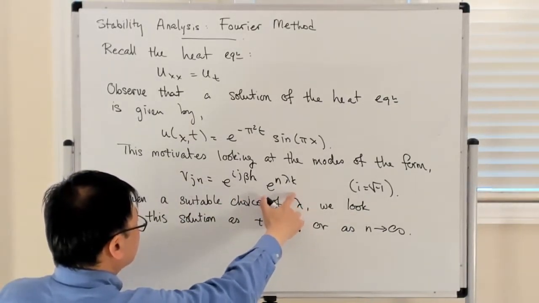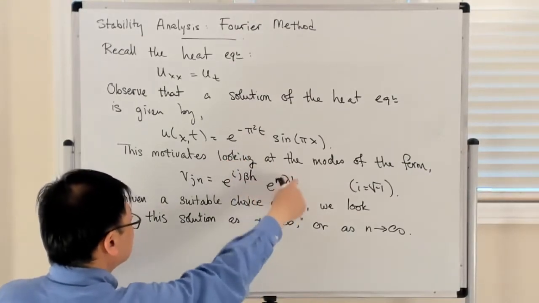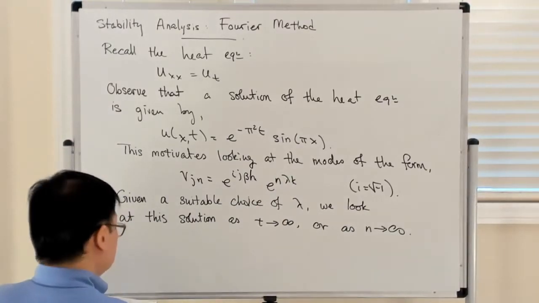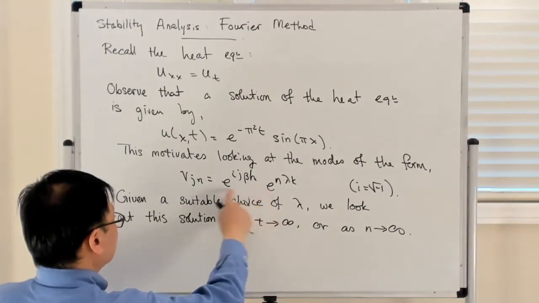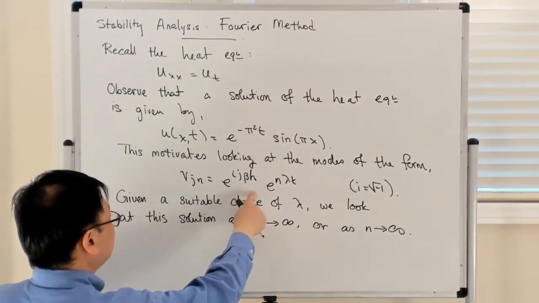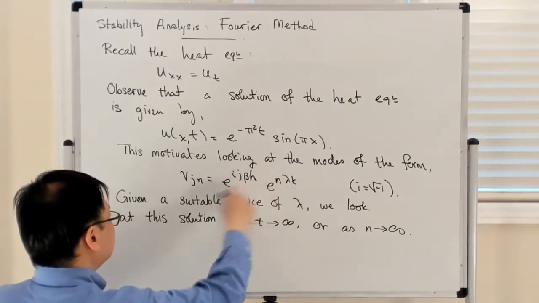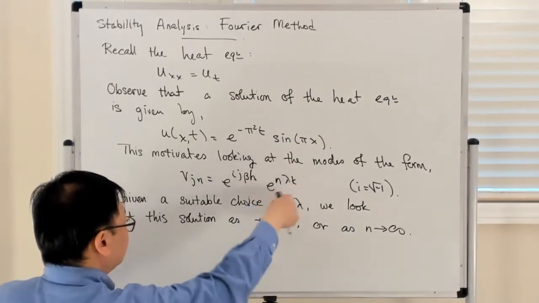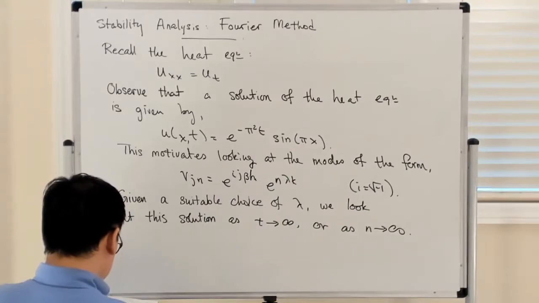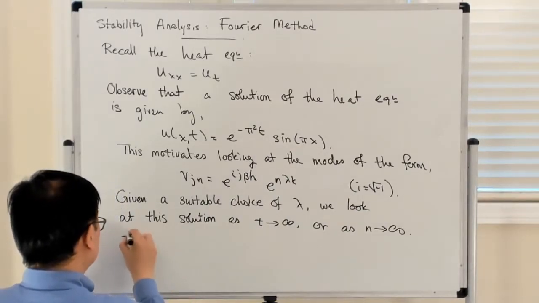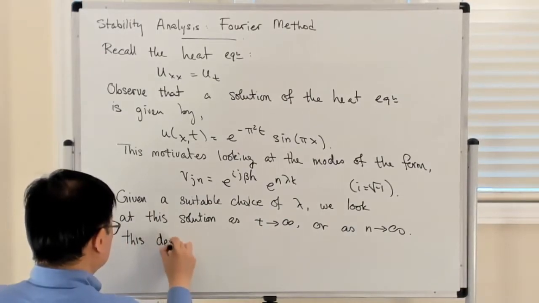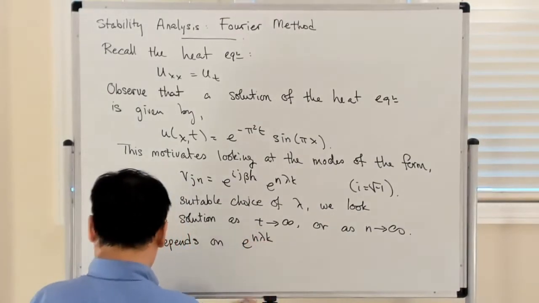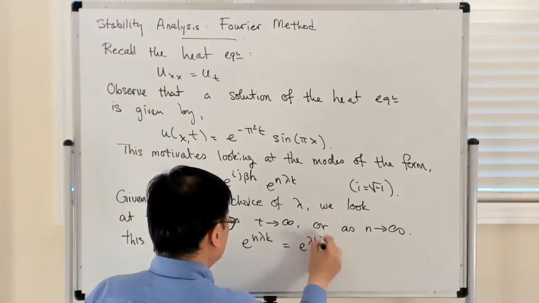This is the part which is the sine and cosine term, and that norm is bounded, so the norm of this numerical solution is associated with the growth of the term e to the n lambda k, which is of course just e to the lambda k to the nth power.